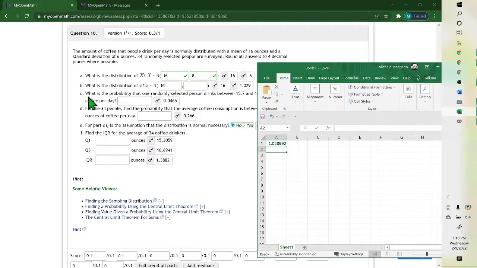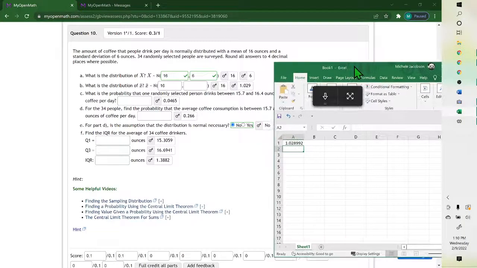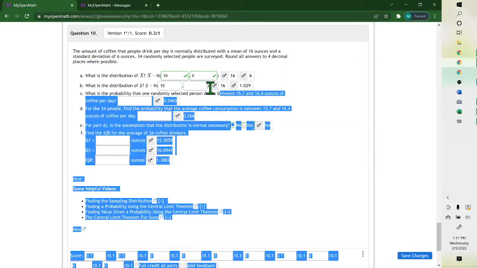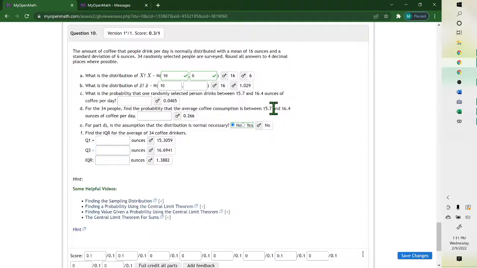For part C, what is the probability that one randomly selected person drinks between 15.7 and 16.4 ounces of coffee per day? Since we want between, when we find the percent using the normal distribution, it gives us the percent below. So if we put 16.4, it's going to give us everything from 16.4 all the way down.